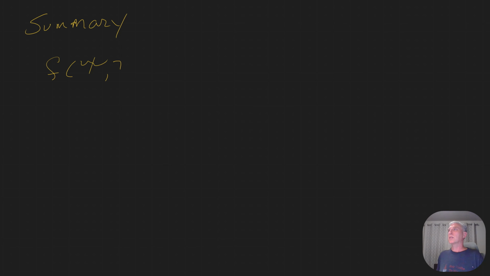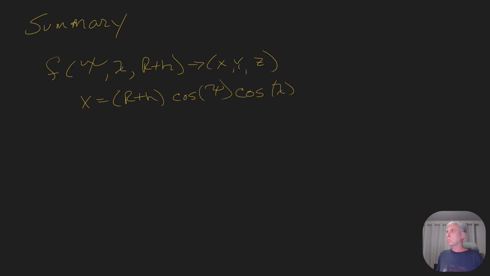We went psi, lambda, r plus h, to xyz, is x equals r plus h times the cosine of psi times the cosine of lambda. y is equal to r plus h times the cosine of psi times the sine of the longitude, and z equals r plus h times the sine of the latitude.